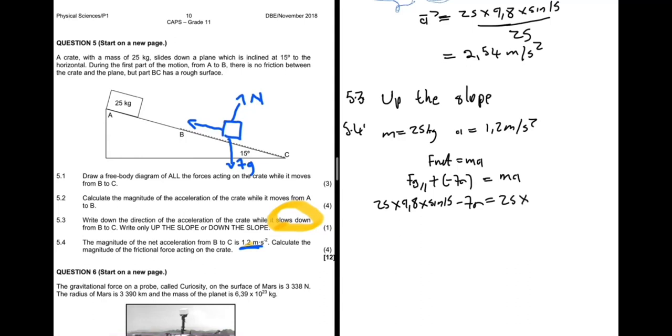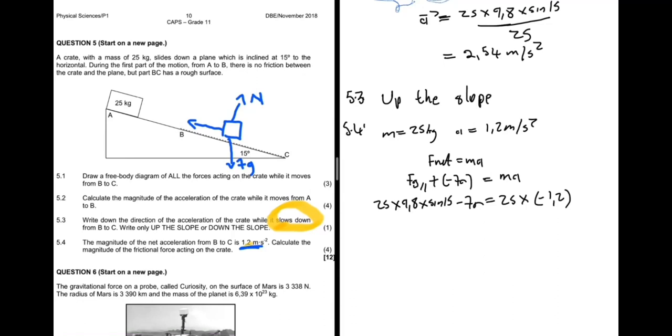And then what you have to realize here is that we have to substitute the acceleration with a negative sign, so that will give us minus 1.2. Why are we substituting it with a negative sign? Because in 5.3, we said that since the object is slowing down, the acceleration is up the slope, so it's opposite to our direction of motion.